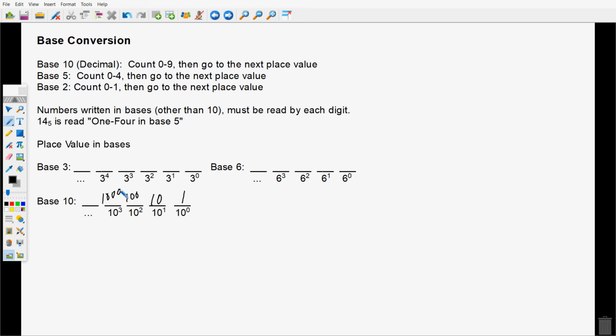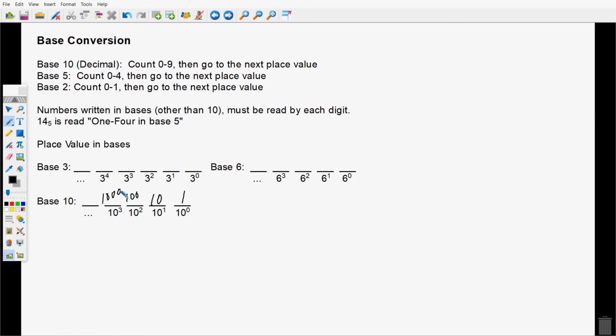Just think about it as we don't have a single digit for 10, rather that's a combination of two digits. So for base 5, you would count 0, 1, 2, 3, 4, then go to the next place value and start counting again. It already has 0, so 1, 2, 3, 4, then go to the next place value.